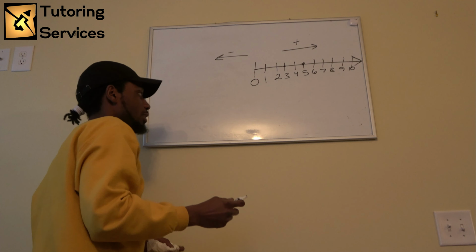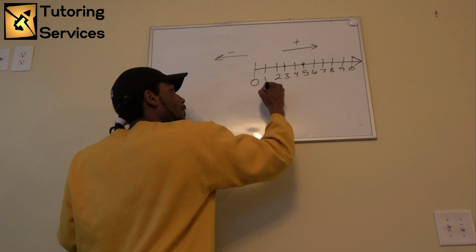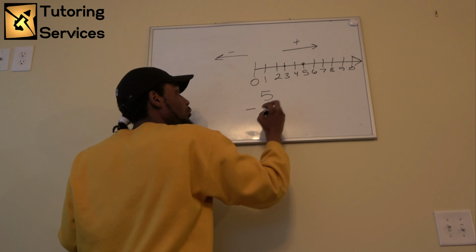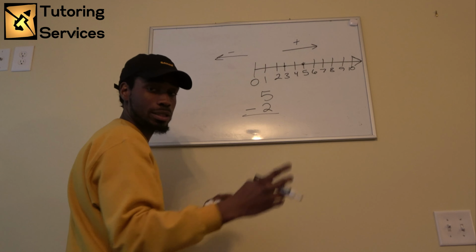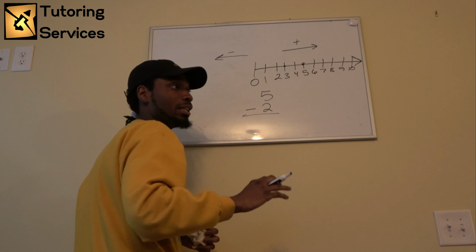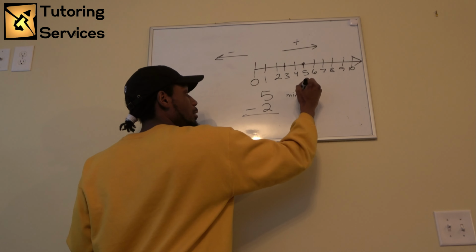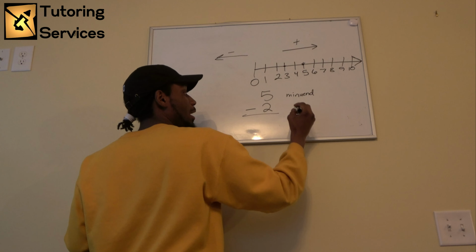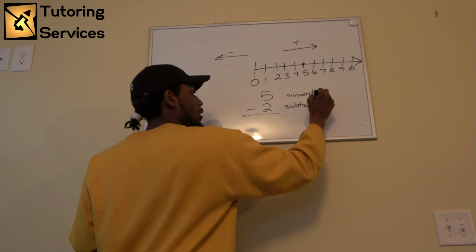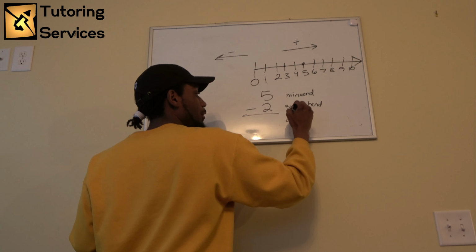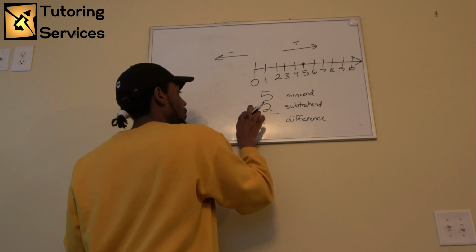Well, notation-wise, it looks like 5 minus 2 equals what? Now, just to be technical, for those who are really learning it and maybe need to pass the test, you have your minuend, you have your subtrahend, and the difference, which would be the answer to this mathematical problem.